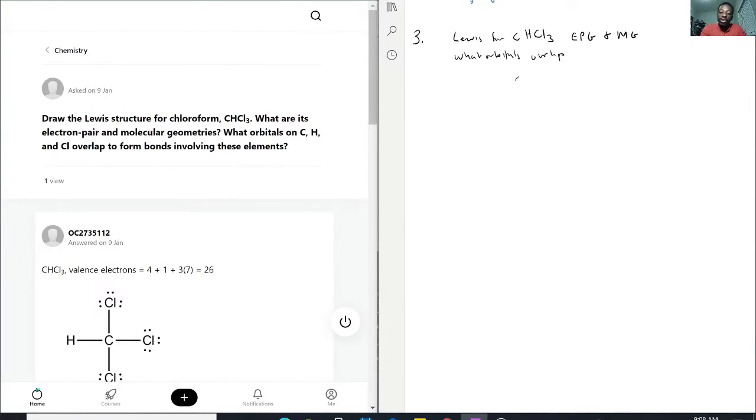We're working with 26 electrons total. We put carbon in the middle again because carbon has the most unpaired electrons. So carbon, H, Cl, apologies.